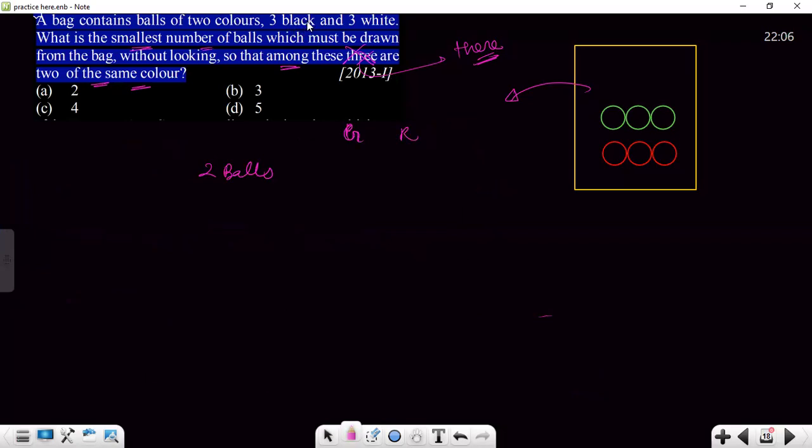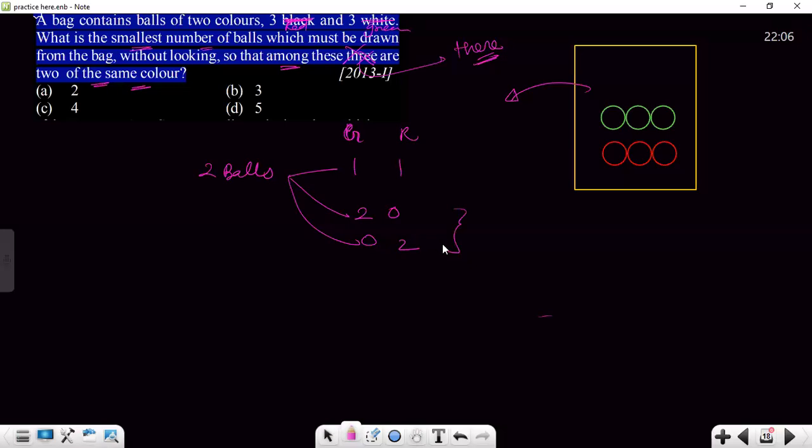So I've changed the color red and green. Okay, so 2 can be 1 plus 1, or it can also become 2, 0 or 0, 2. So here in these 2 cases, there are no 2 balls of the same color.